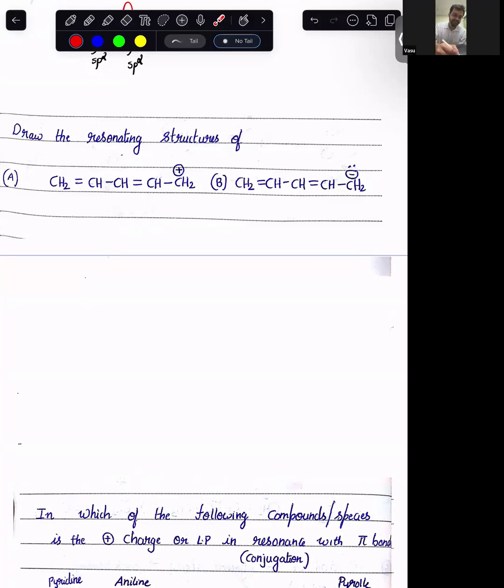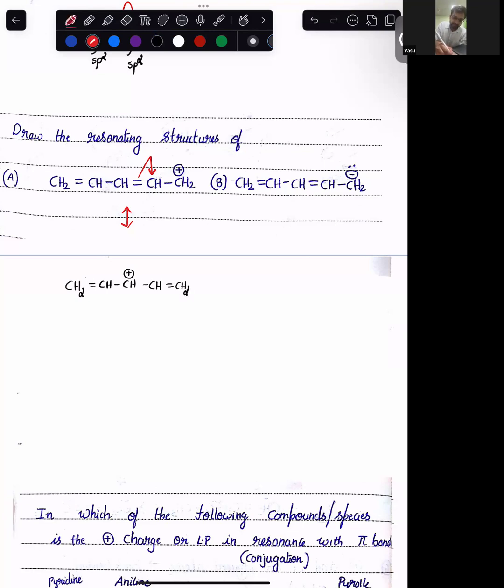Okay, I hope it's done. Everyone, what to do? You take this pi bond and convert this into a negative charge. Parallelly, you form a bond between these two. Negative and positive are side by side, right? Form a bond. So you'll have something like this: CH2 double bond CH, bond CH, I have a positive charge here, I have CH double bond CH2.